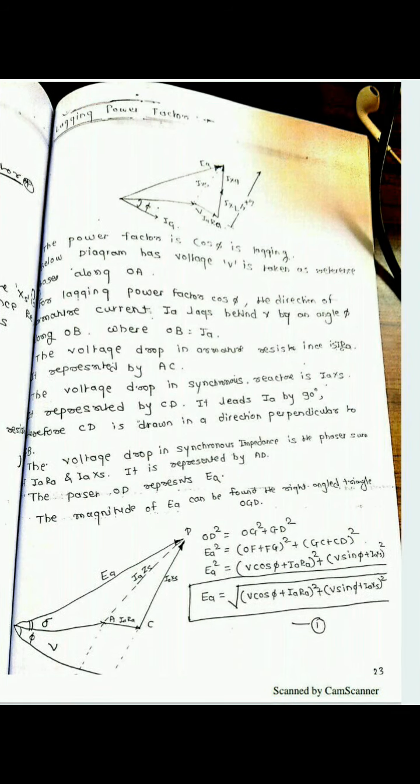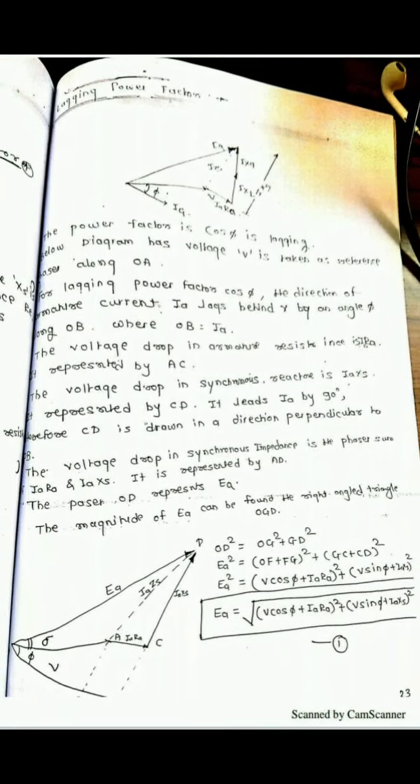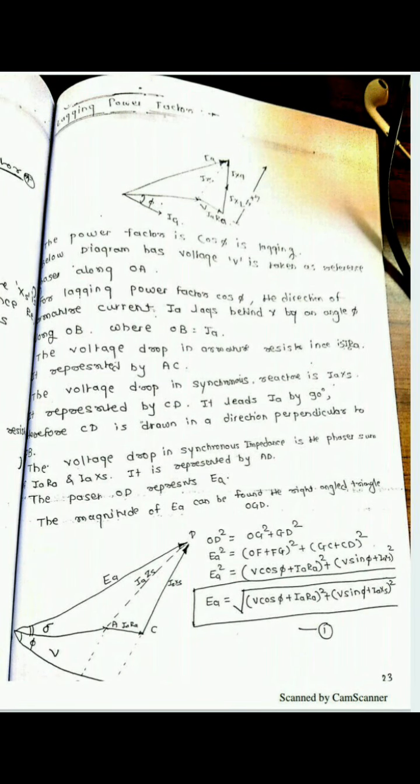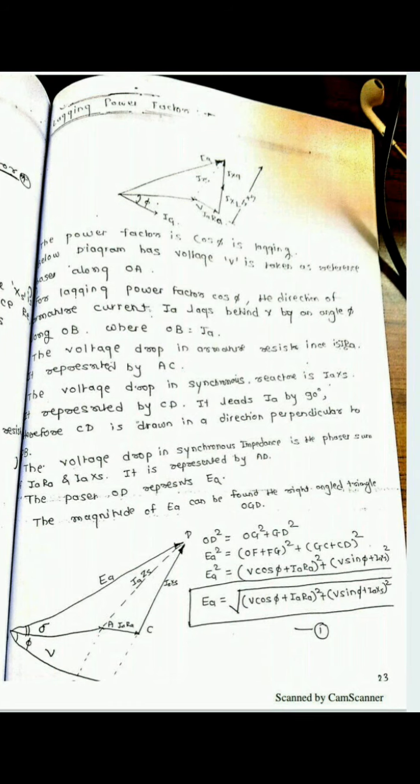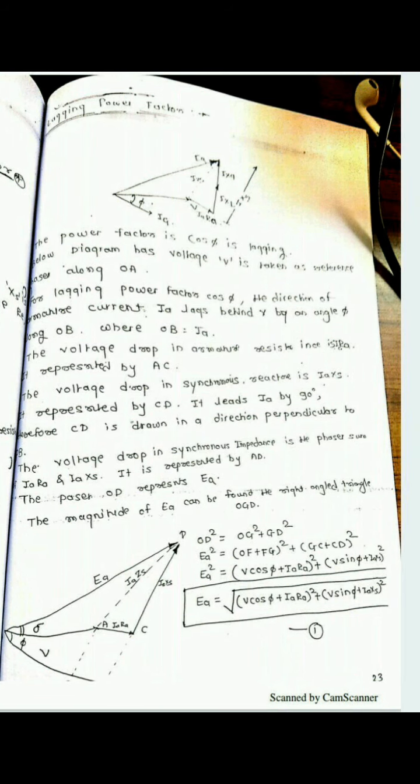For lagging power factor cos phi, the armature current IA lags behind V by an angle phi along OB, where OB is equal to IA.